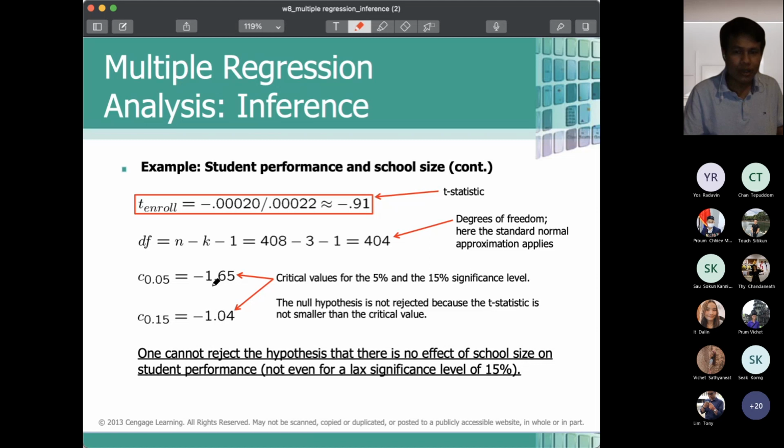Dear class, we'll decide to accept or reject the null hypothesis. We reject the null hypothesis only if t is lower than minus c. What is t? t is this. What is minus c? Minus c is this.